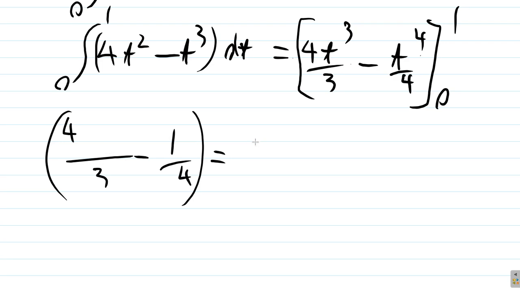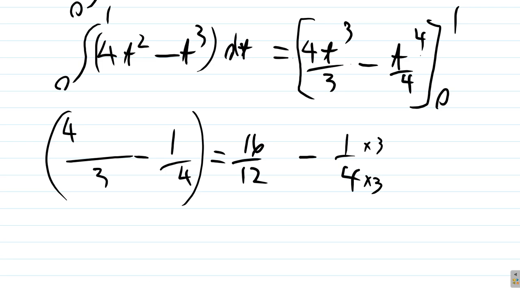Let's use common denominators. 4 over 3 minus 1 over 4. If you multiply this by 4 on the top and bottom, you get 16 over 12. Then you want something over 12 here too, so multiply both the top and bottom by 3.